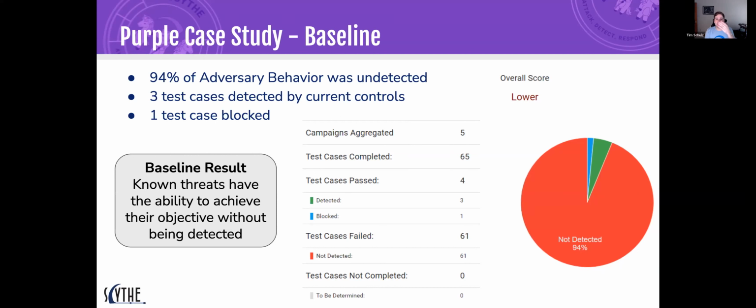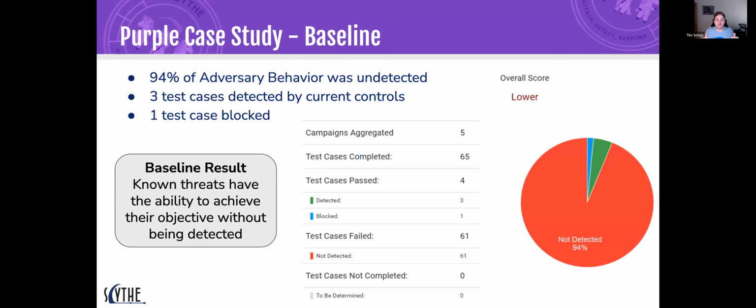And so in this case, we had 94% not detected. And this was things that weren't detected and weren't even able to be detected on. So there's no logging, that kind of thing. We did have one test case that gets blocked. And this is where the focus on prevention, when we're talking about doing testing, has been a historic way of focusing on networks, right?